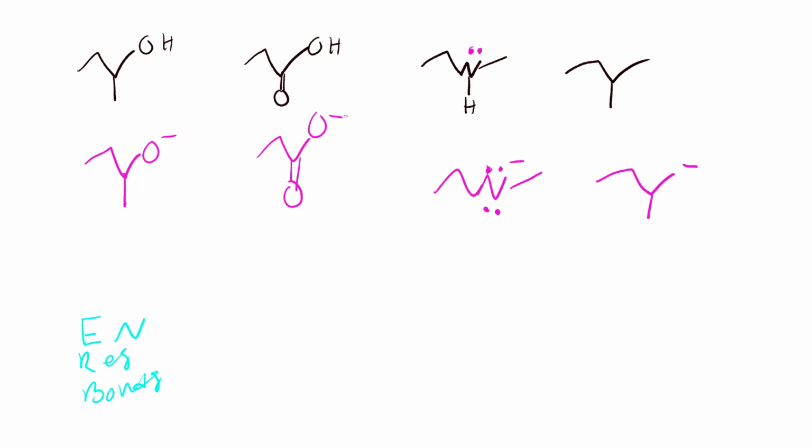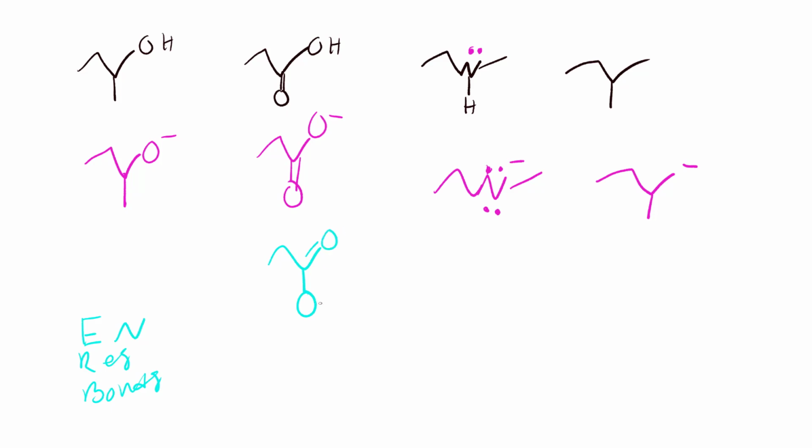Well, if we're going through electronegativity, I'm going to be ignoring nitrogen, I'm going to be ignoring carbon because oxygen is more electronegative than those two. Alright, so what about these two? Well, they both have oxygens, so we can't use the electronegativity. But what about resonance? Well, this one can actually form a resonance structure, right?